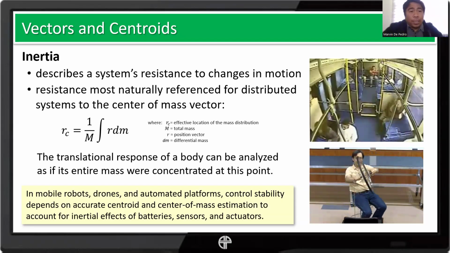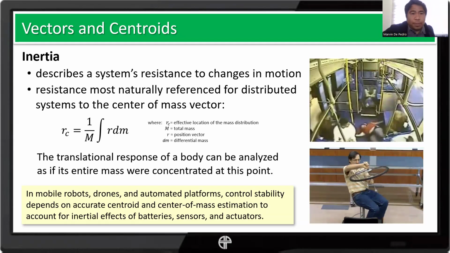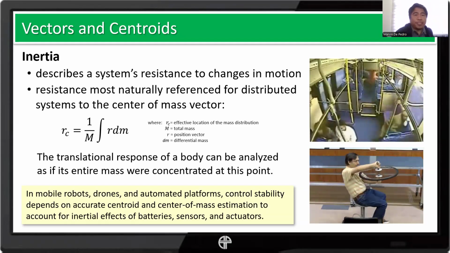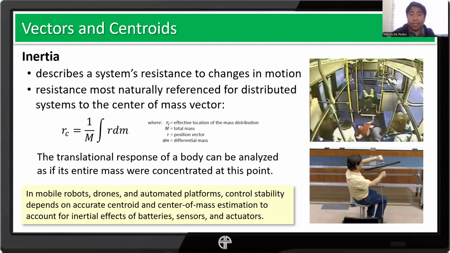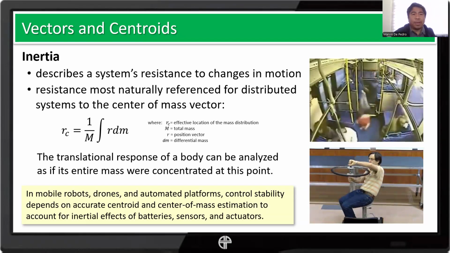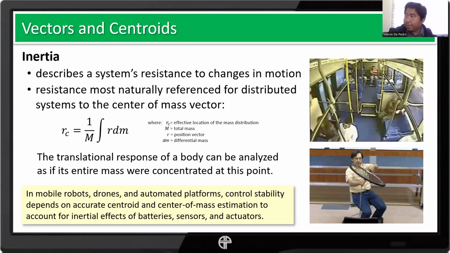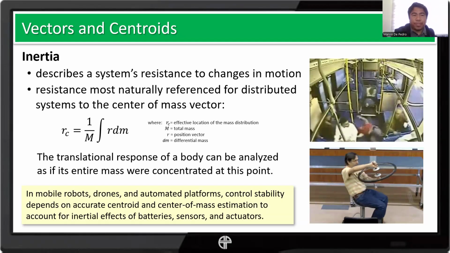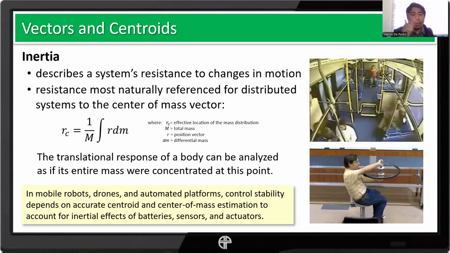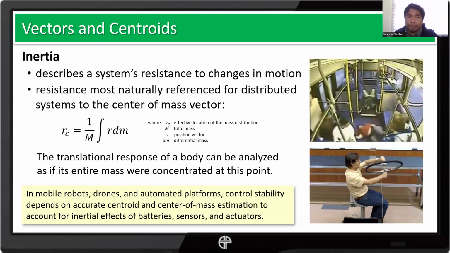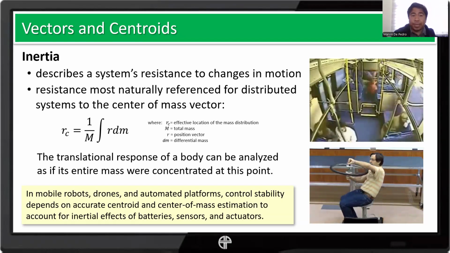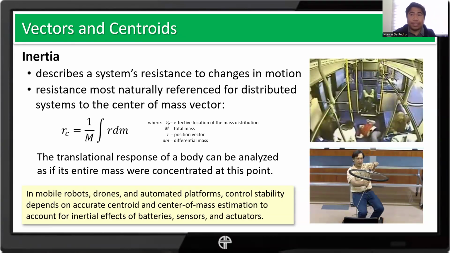Here we have this formula, the R_C, or the effective location of the mass distribution. Just multiply 1 over m to the integral of the position vector r multiplied to the differential mass.